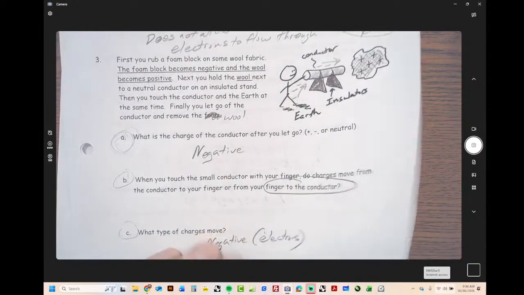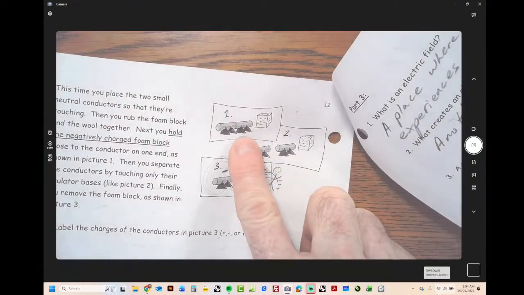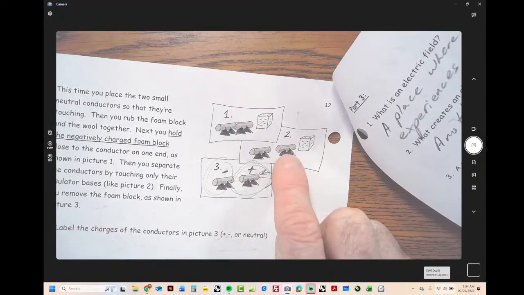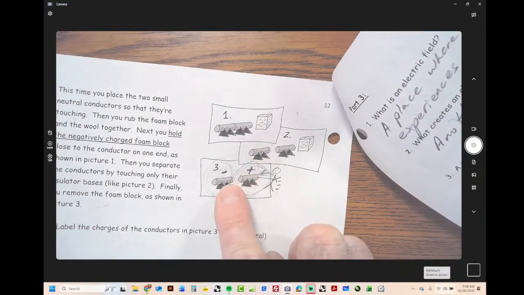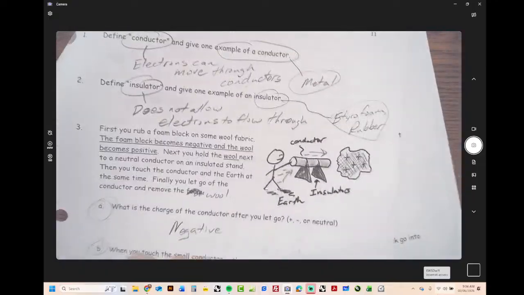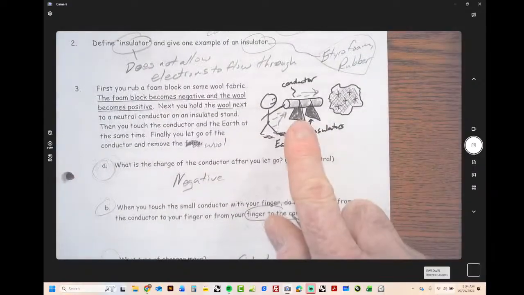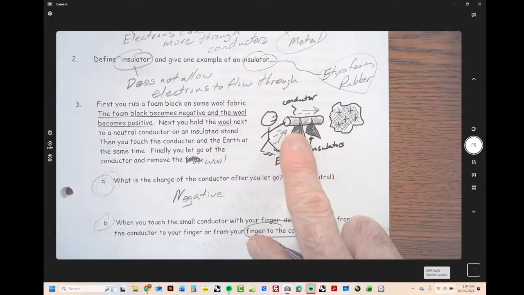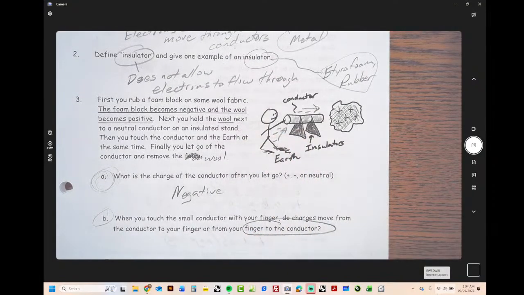The other is to get 2 conductors, put them next to something that's charged, and then separate them. So when you do that, you get 2 conductors with different charges. But you can also just do it with 1 conductor where you touch it. And when you touch it, you either give it electrons or you take electrons away from it.